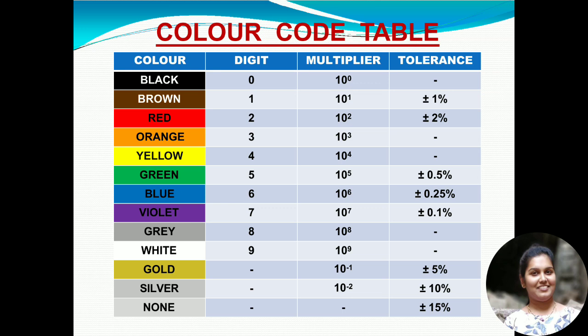As we are calculating the values of resistors with the help of colors, this is called color coding. Color coding of resistors is nothing but identifying the value of the resistor with the help of the colors printed on it.